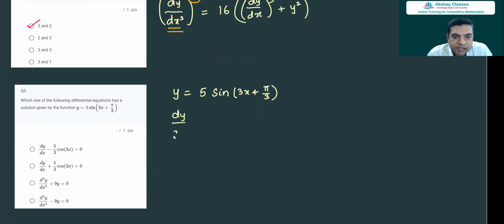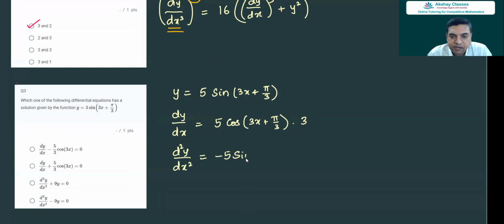Dy by dx gives us 5 cos 3x plus pi by 3 times 3. Again, let us differentiate. Second derivative, we'll get 5 into minus sine 3x plus pi by 3 times 3, and already 3 is there. Again, another 3 will come.